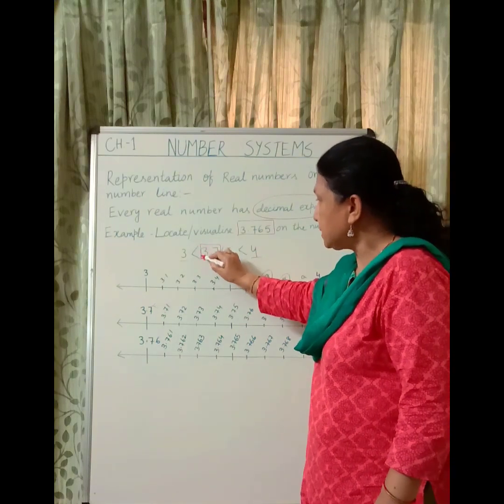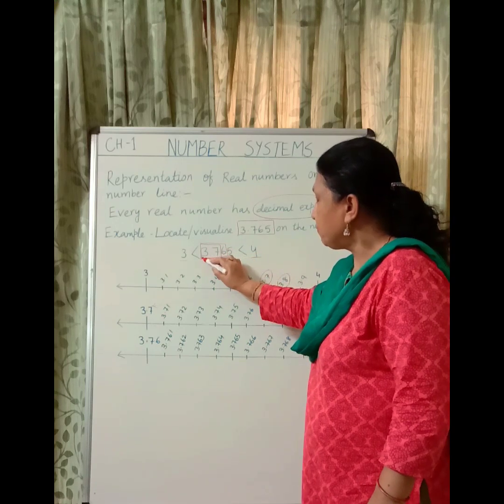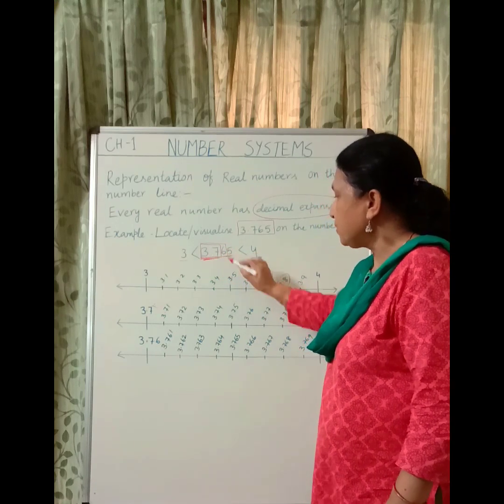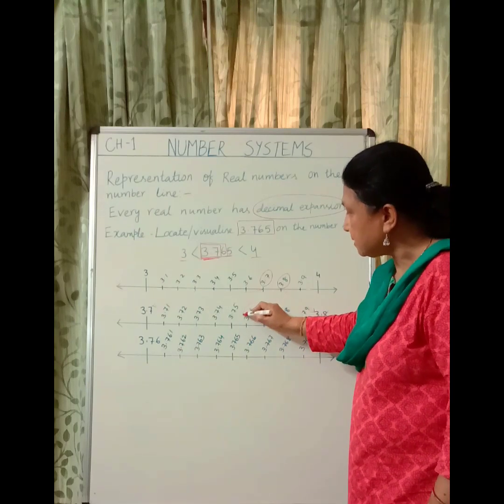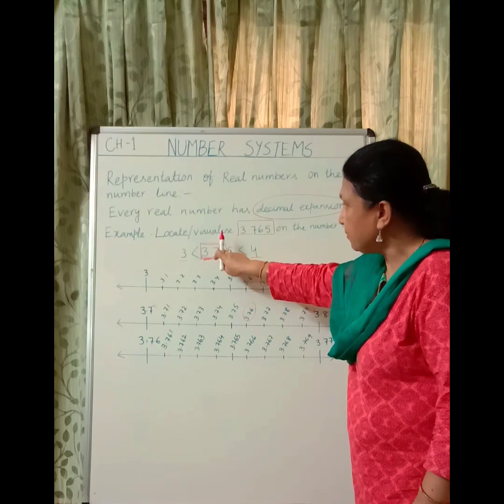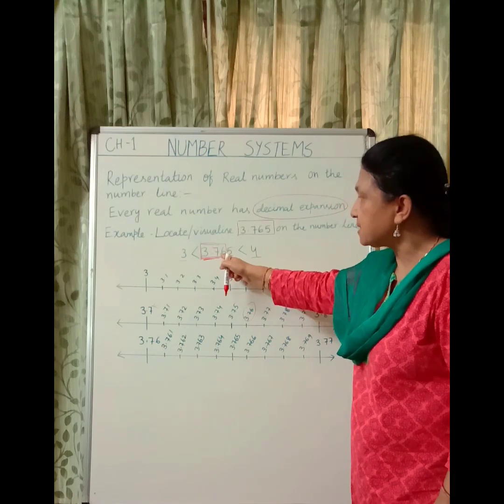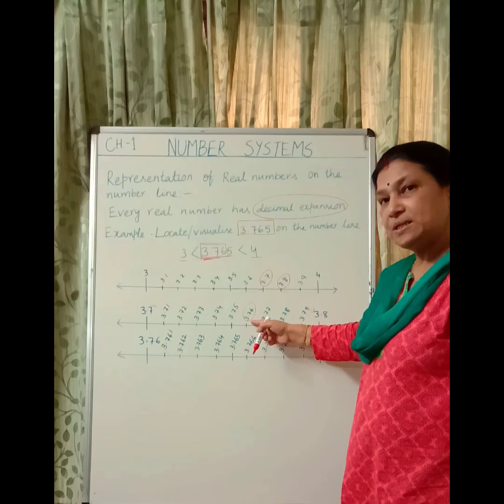So here you can see our 3.76 now. Where is this 3.76? We can see in the next number line we have 3.76 here. What is the next number after 3.76?